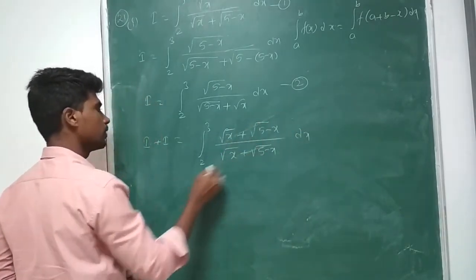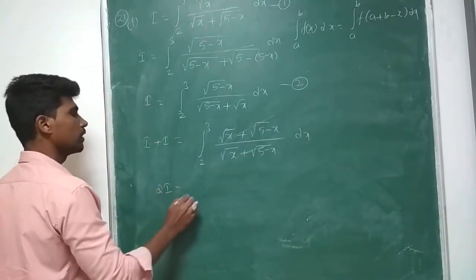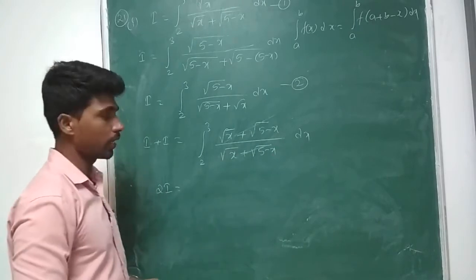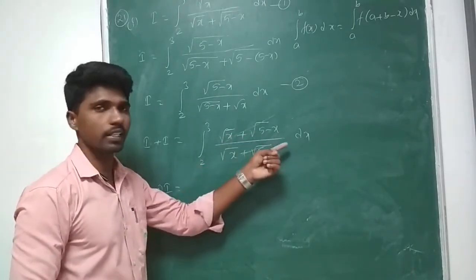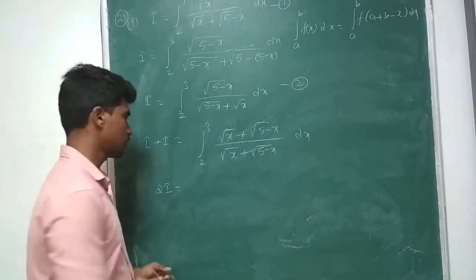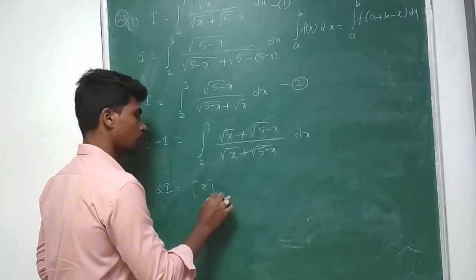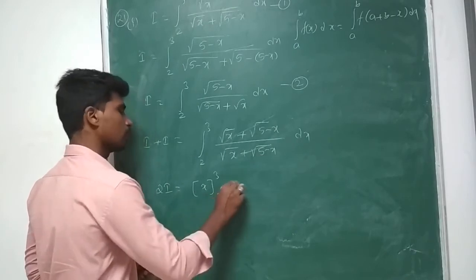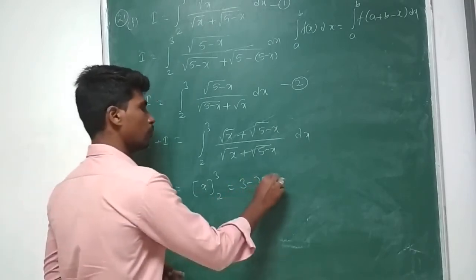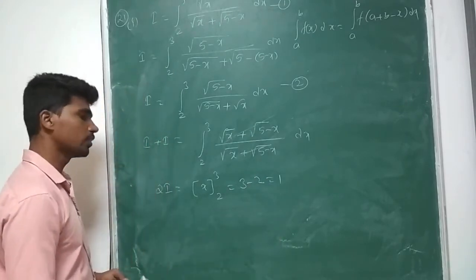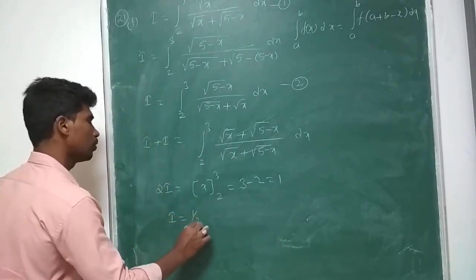Both get cancelled. Then 2I is equal to integral 1 dx, which is x, with limits 2 to 3, equal to 3 minus 2, 1. So the value of 2I is 1, then I will be equal to 1 by 2.